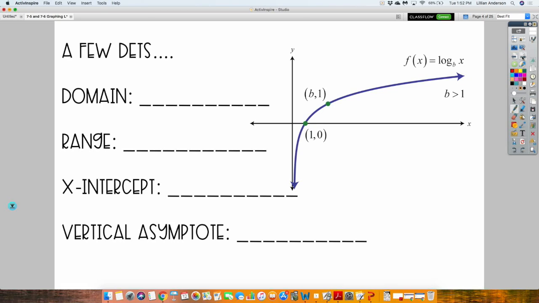It's going to be x is greater than 0 because every logarithmic function has a what? Has a vertical asymptote. And if you see this right here, this curve is getting very, very close to my y-axis, but it's never going to cross or touch. So domain is all numbers that are greater than 0 for your most basic.